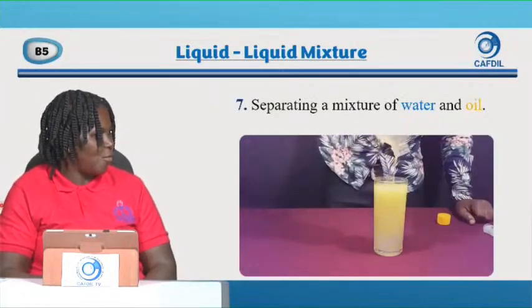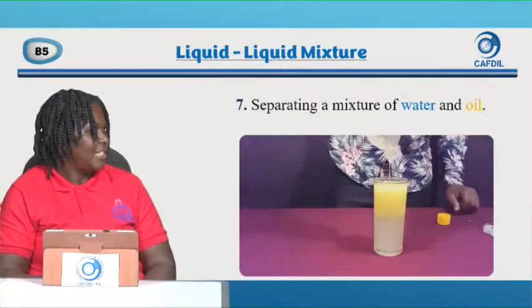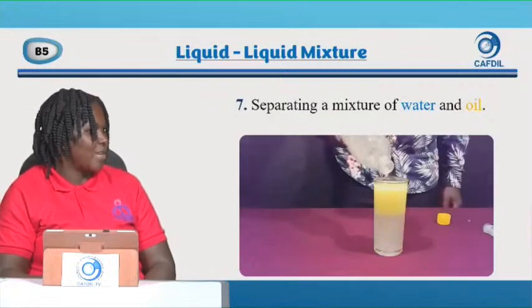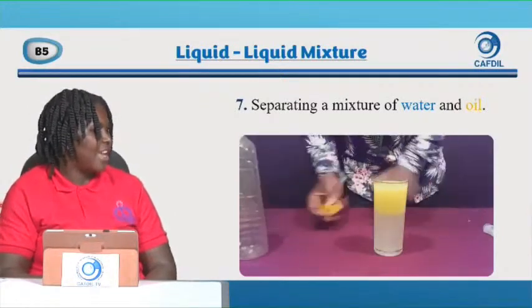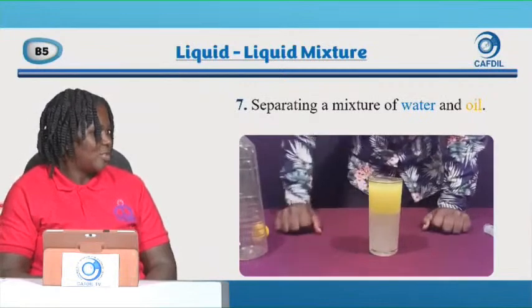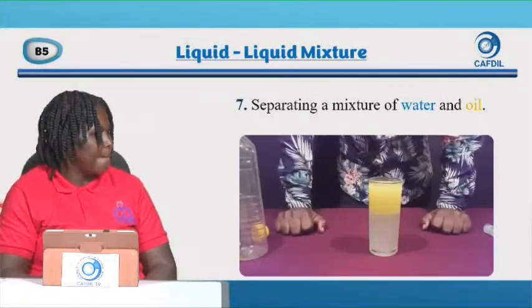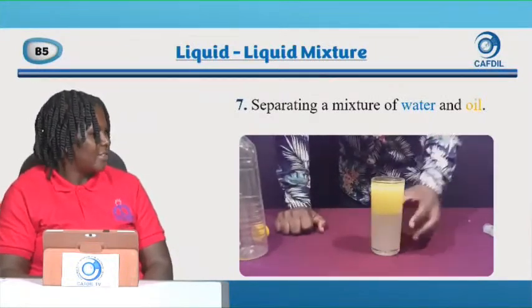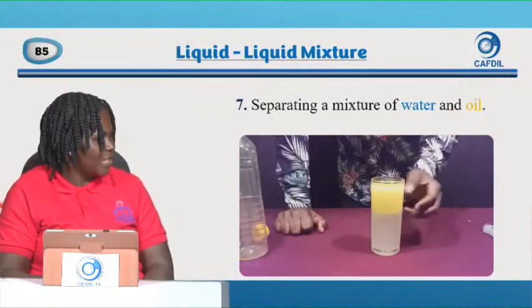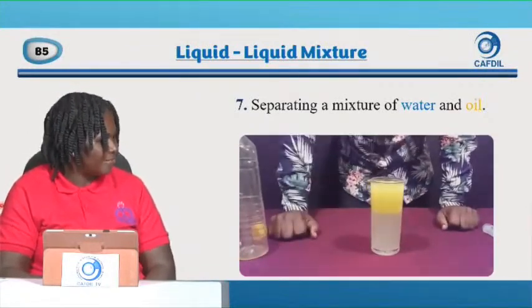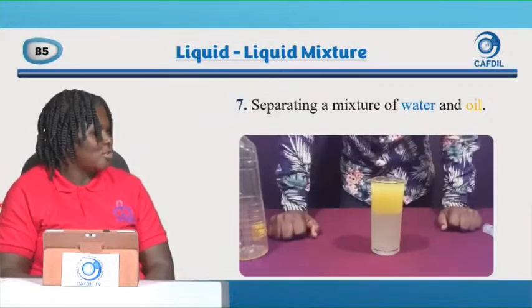Separating a mixture of water and oil using a syringe. So we put it there for some time for the oil and the water to separate. We have layer 1 and layer 2.